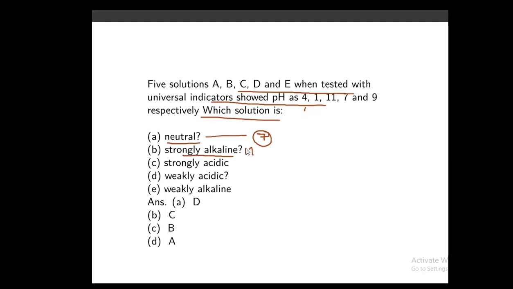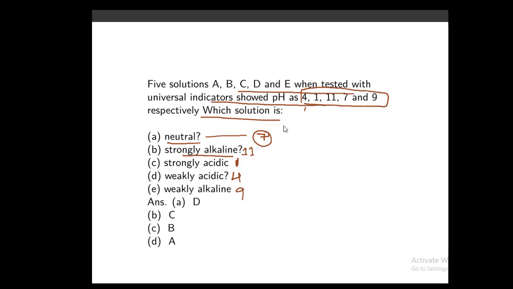Alkaline is nothing but base only, right? So strongly alkaline is according to these values. Strongly acidic is 1. Weakly acidic, after 1 we have 4. Weakly alkaline, lastly we are left with 9.